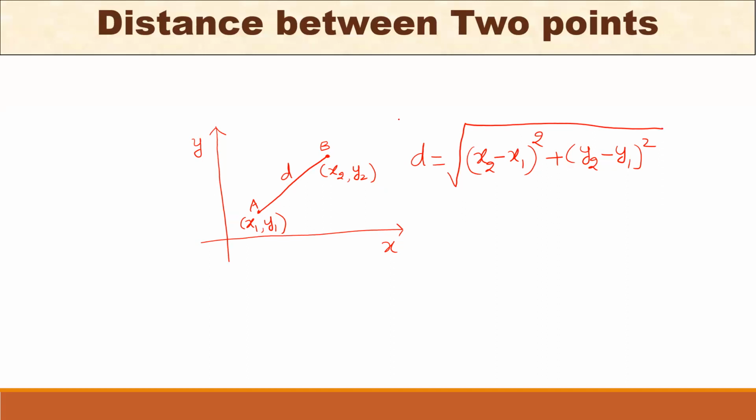So this is the formula for calculating distance between 2 points. That means given the coordinates of 2 points x1, y1 and x2, y2, we need to calculate the distance between those 2 points using this formula.